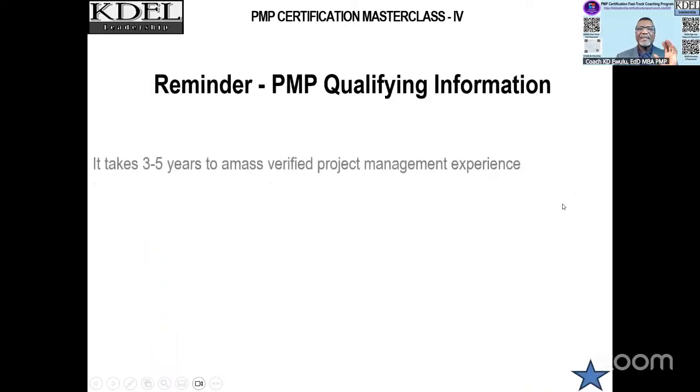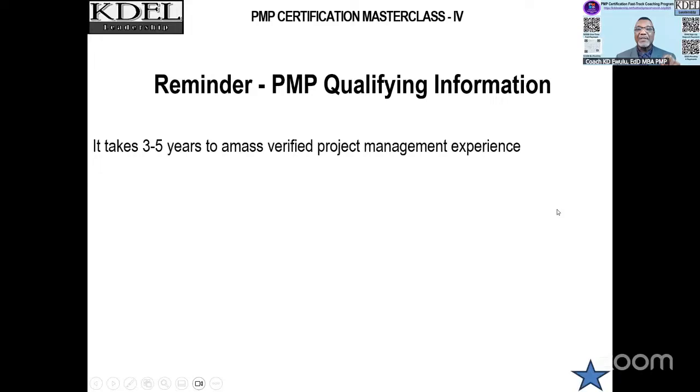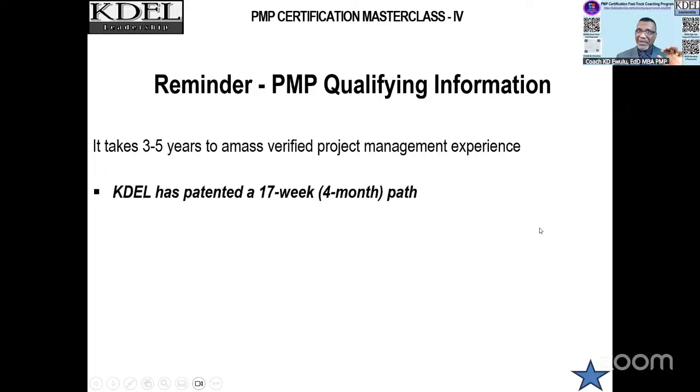It takes 3 to 5 years to amass verified project management experience that qualifies you for the PMP. This program has a patented 17-week, which is a 4-month path to that. So we're shortening all the experience you're supposed to garner that will take you 3 to 5 years. We're going to get you through all of it in 17 weeks.